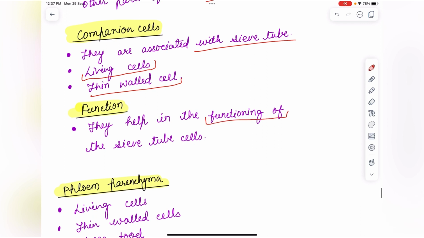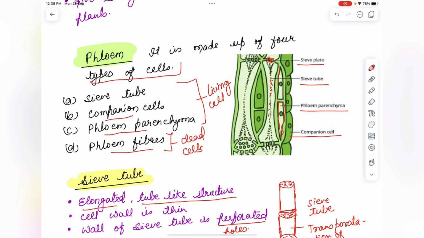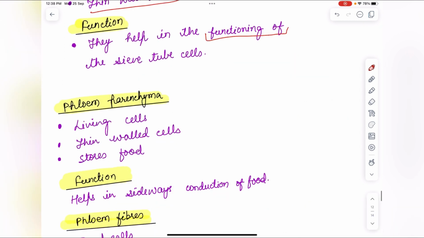Next is phloem parenchyma. This phloem parenchyma is a living cell and has a thin cell wall, and it helps in the storage of food. It stores food like starch, fat and other organic food.